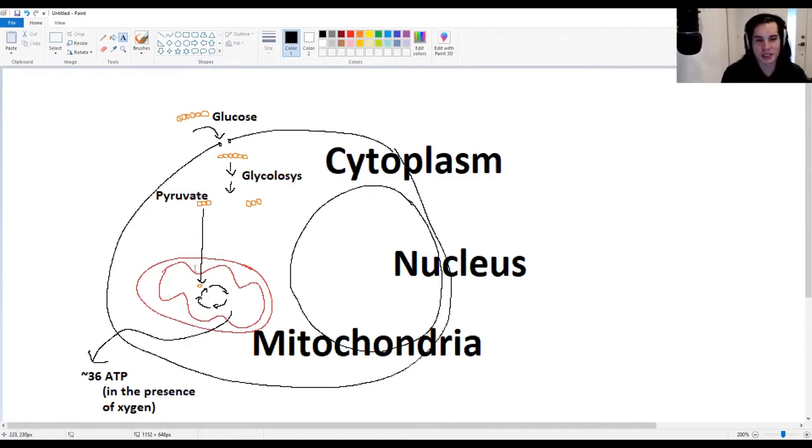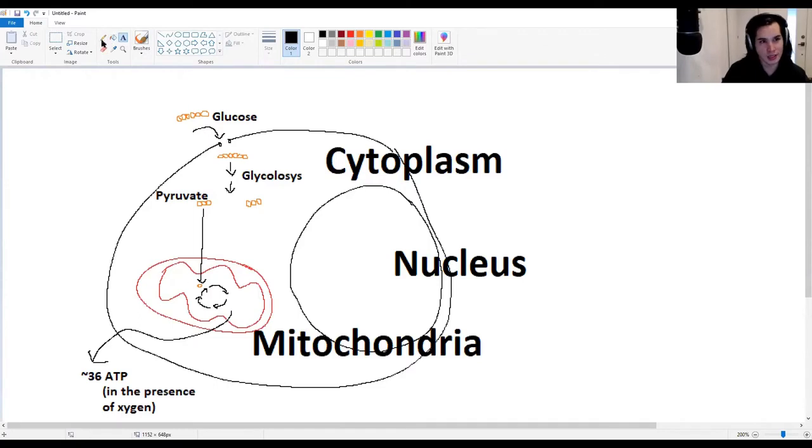Pyruvate goes in here, pyruvate oxidation, you get the Krebs cycle. You extract those NADH, and you have FADH2. Remember the whole process of, through glycolysis, we're mainly extracting these electrons in the form of NADH, right?